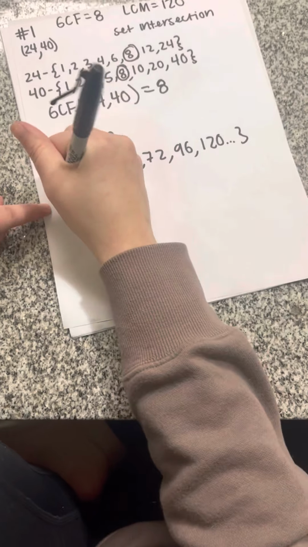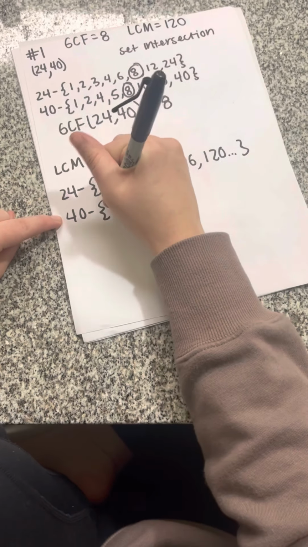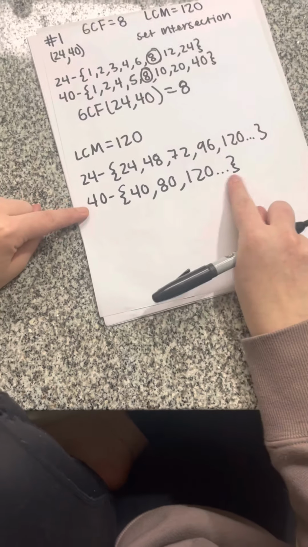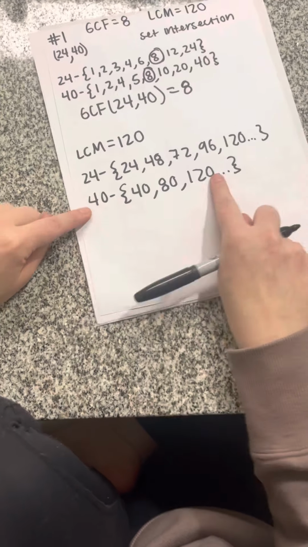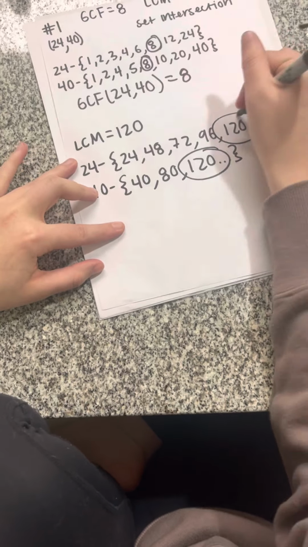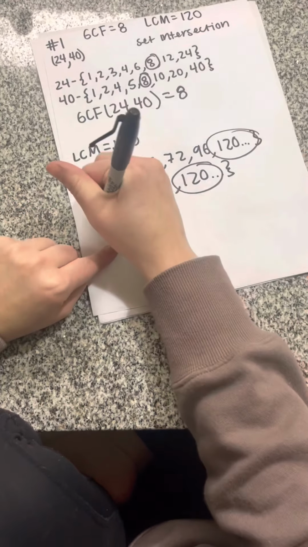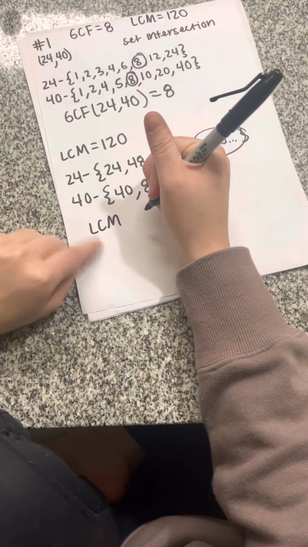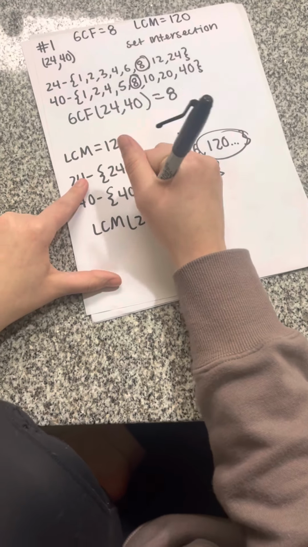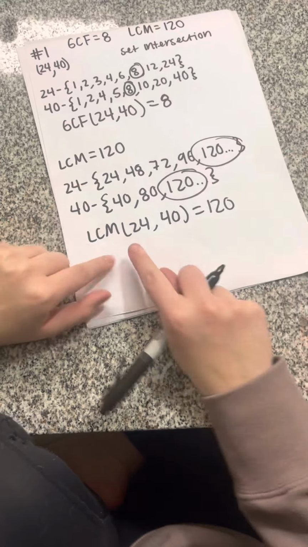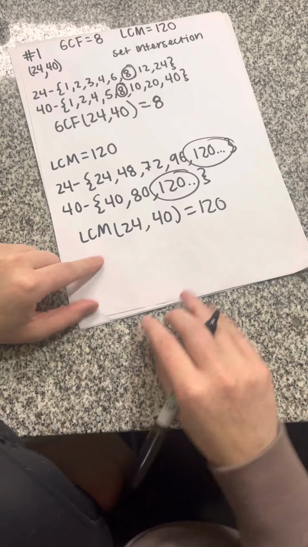And then I'm going to do the same for 40, 80, and 120. Alrighty, so I end my element there. I included my ellipsis, and then we look. We have 120 on both sides. And so we proved that both 24 and 40 have the GCF of 8 and the LCM of 120 using that set intersection method. So now we'll begin with problem 2.